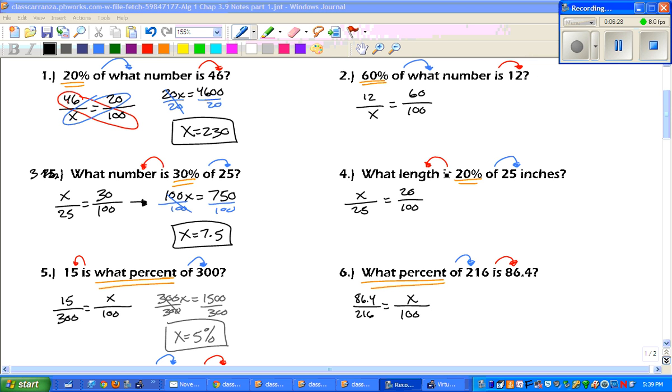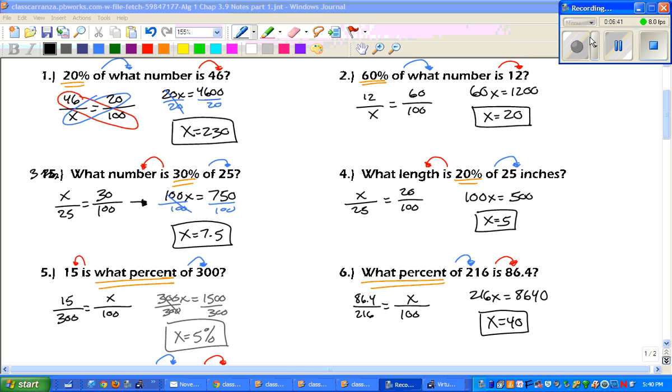Number 4 we were looking for the is. And number 6 we were looking for what percent. So go ahead and pause the video again and the answers to these will be up. Okay, and there we go. All we had to do was cross multiply the numbers, and then to get the x by itself, you had to divide.